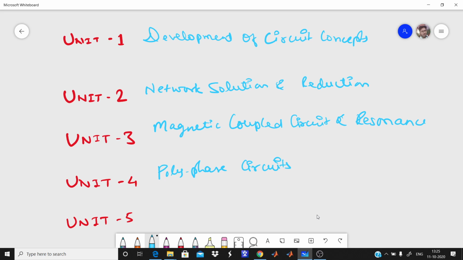And unit number 5 is non-sinusoidal ideal waveforms.